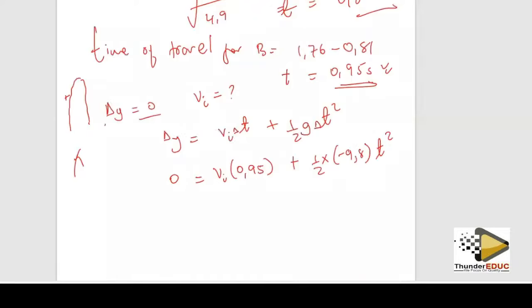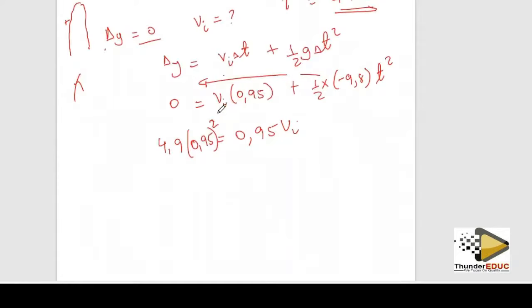I simplify this. I'm going to move this to the left of the equal sign. So that's going to be 4.9 t squared is equal to v initial times 0.95. Why am I not replacing t with 0.95? Okay, 0.95 squared. Then if I simplify this, I have 0.95 times 4.9.